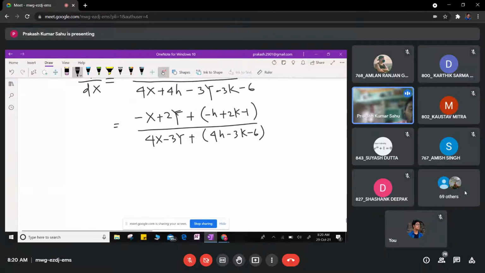So now solving these two equations, you can write here, minus h plus 2k minus 1 is equal to 0 and 4h minus 3k minus 6 is equal to 0. Okay, so that implies what is the value of h and k? क्या h and k का value क्या होगा?